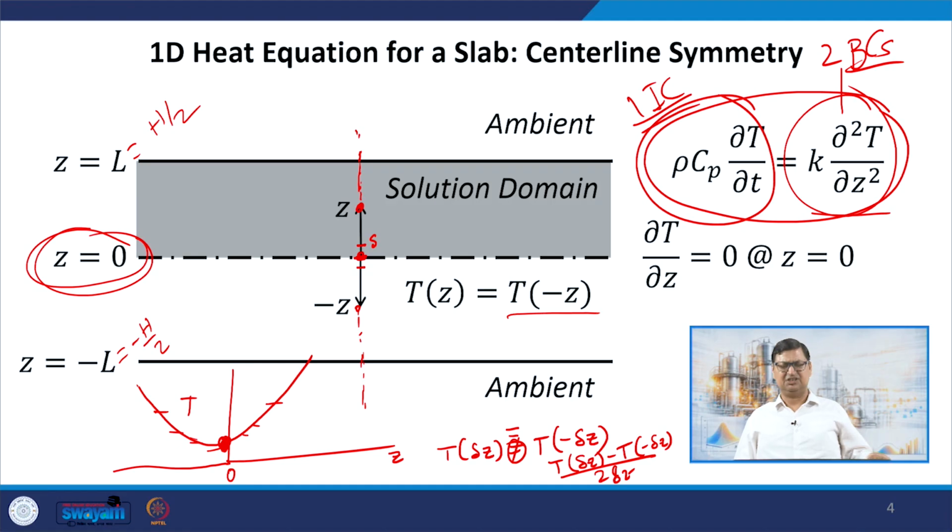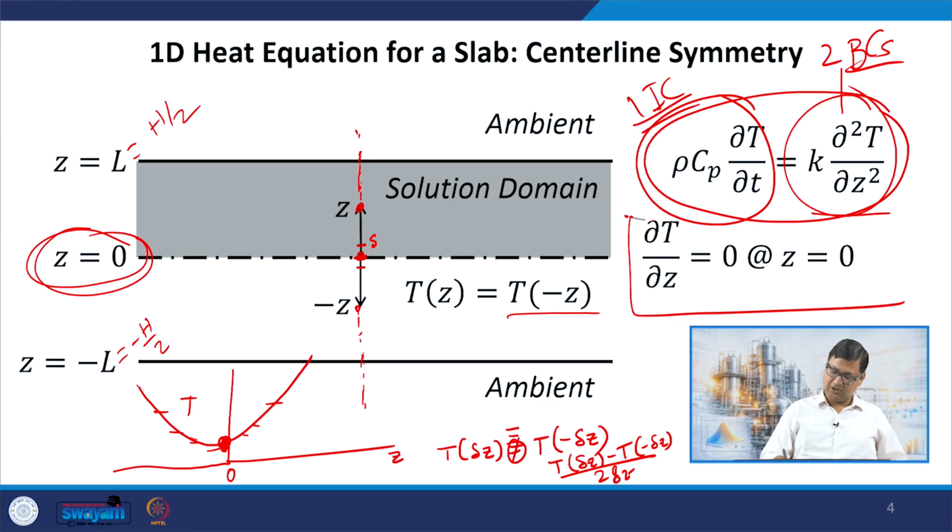So for an even function, we should have the vanishing of the gradient at the center line. That's what we are assuming as the first boundary condition, right? So dT/dz is equal to 0 at z equal to 0.